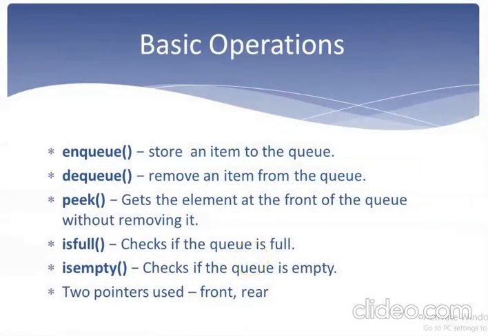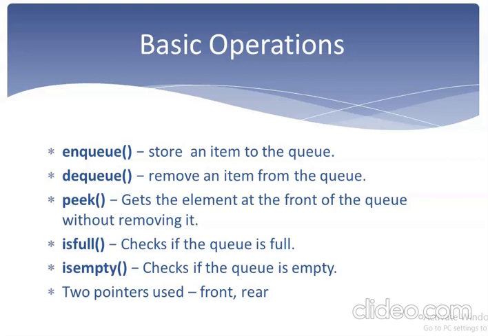So these are the basic operations performed in this data structure. Enqueuing, that is for storing an item to the queue or adding an item to the queue. Dequeuing, removal or deletion of an element from the queue or taking out an element from the queue.